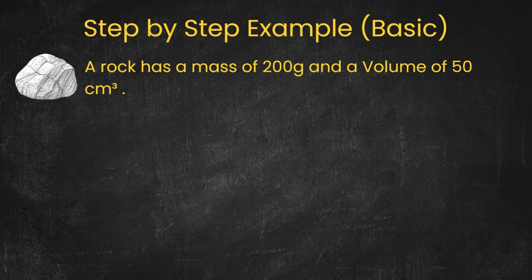Now let's practice a problem. We will practice this step by step. It says that a rock has a mass of 200 grams and a volume of 50 cubic centimeters. Now, the first step of all is to remember the density formula. Density is equal to mass over volume.